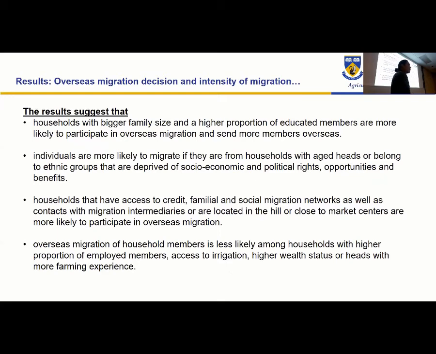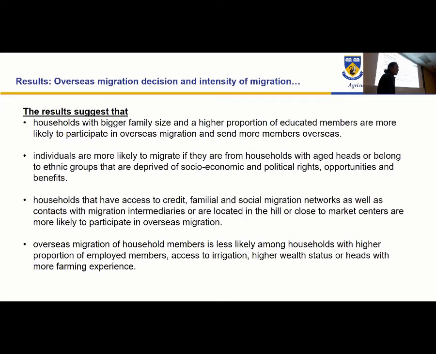And individuals are more likely to migrate if they are from households with aged or older heads or belong to ethnic groups that are deprived of socioeconomic and political rights, opportunities, and benefits. Similarly, households that have access to credit, familial and social networks, as well as contacts with migration intermediaries, such as manpower agencies or agents, or are located in the hill or close to district headquarters or market centers, are more likely to participate in overseas migration.